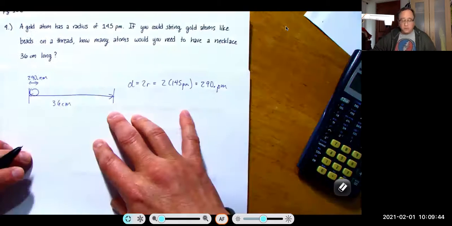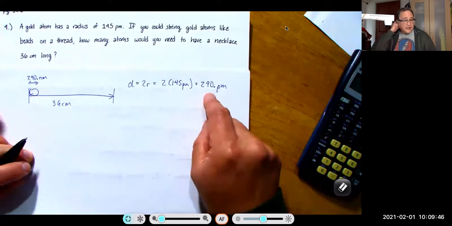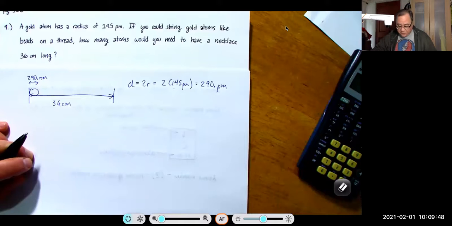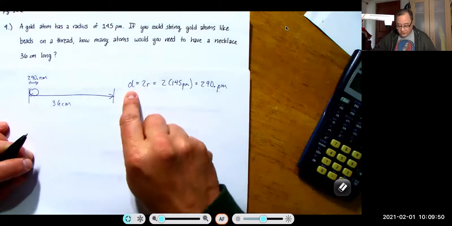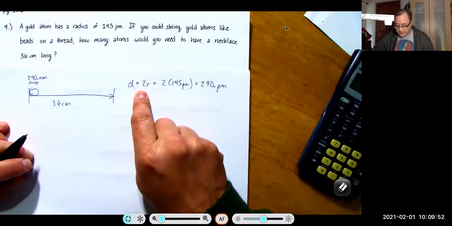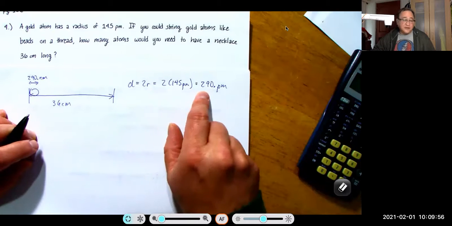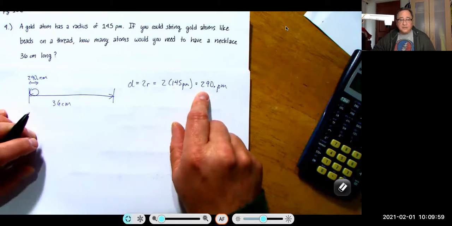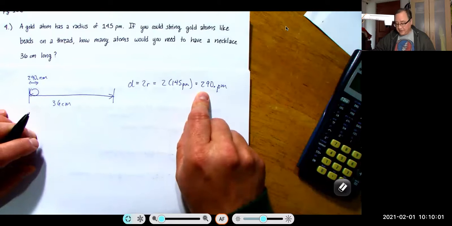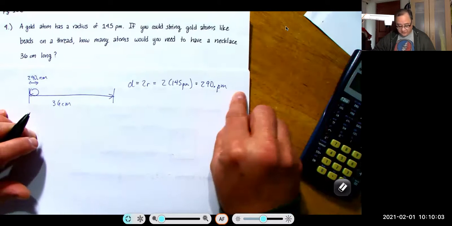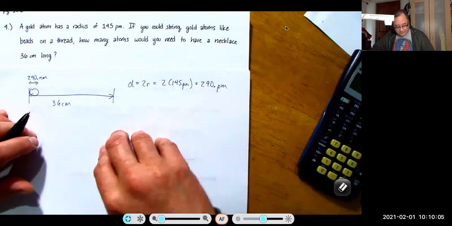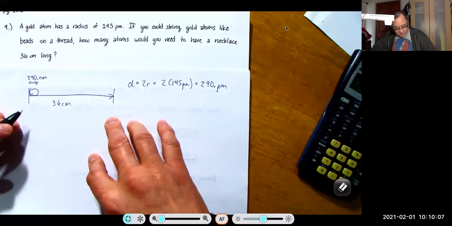You might be wondering why I have the decimal there. The answer is that this formula is defined, so the 2 has infinite significant figures. The 145 has 3, so my answer should have at least 3 significant figures, and the zeros afterwards are fine.